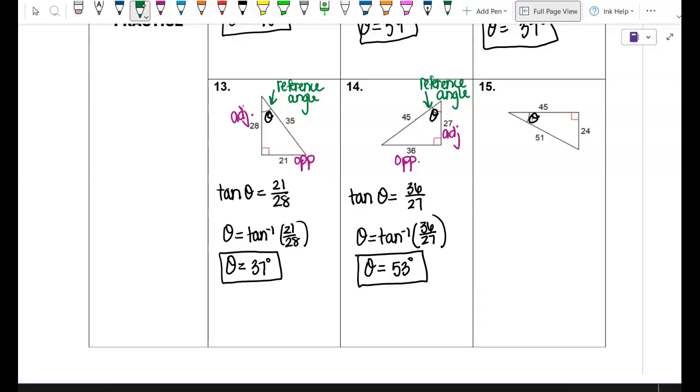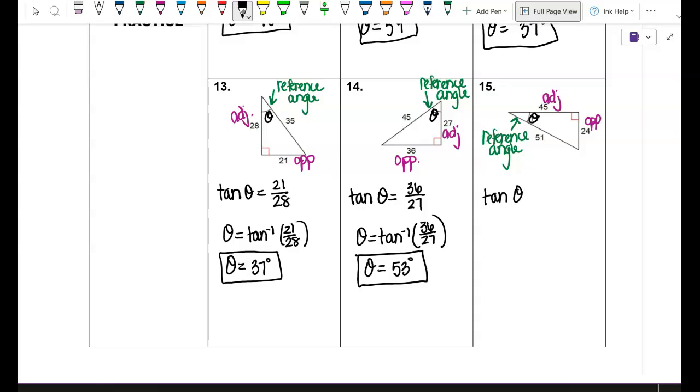And then number 15, again, theta is my reference angle. Making 24 my opposite, 45 my adjacent.